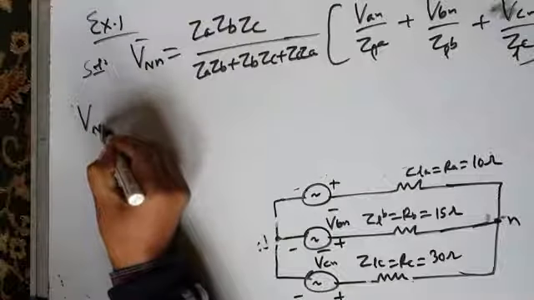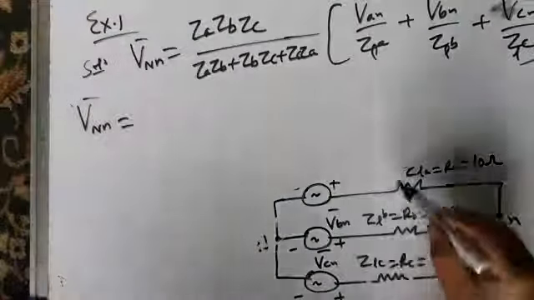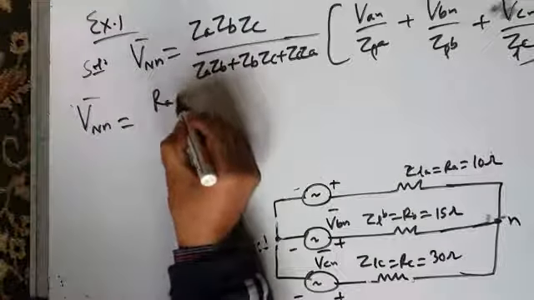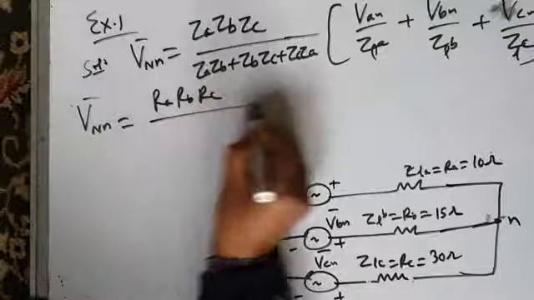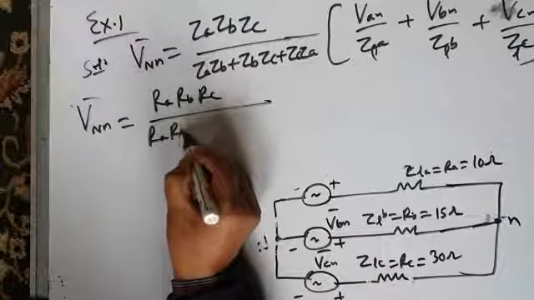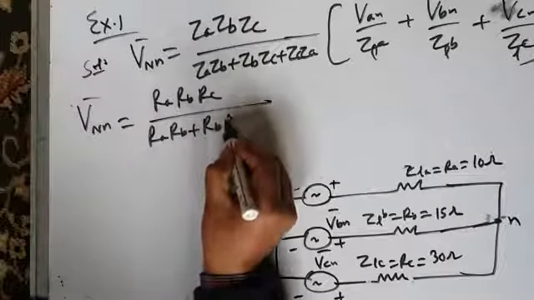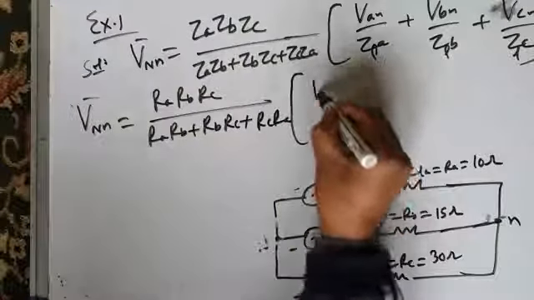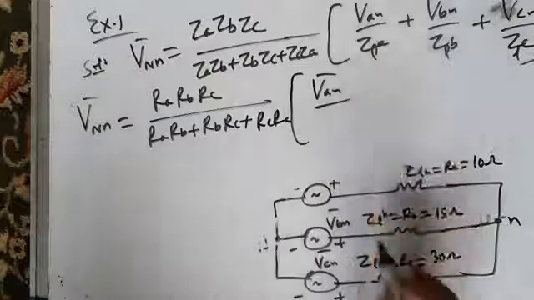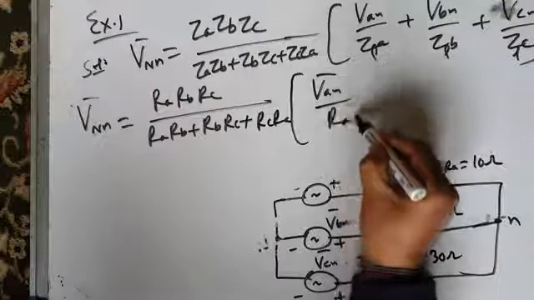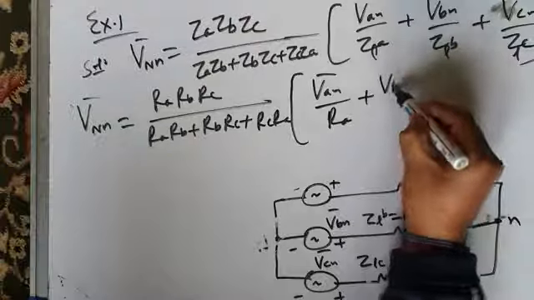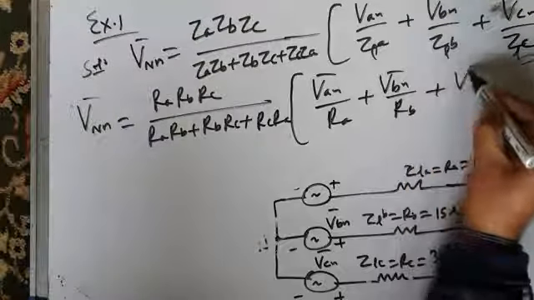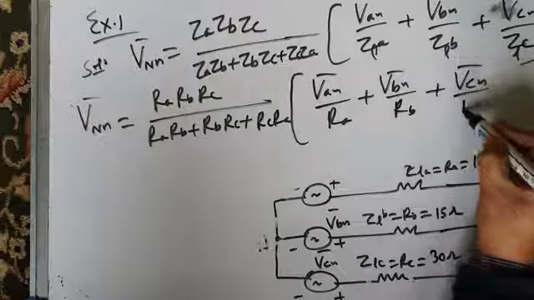Since these impedances are pure resistances RA, RB, RC, I can write RA RB RC divided by RA RB plus RB RC plus RC RA, into VAN by RA plus VBN by RB plus VCN by RC.